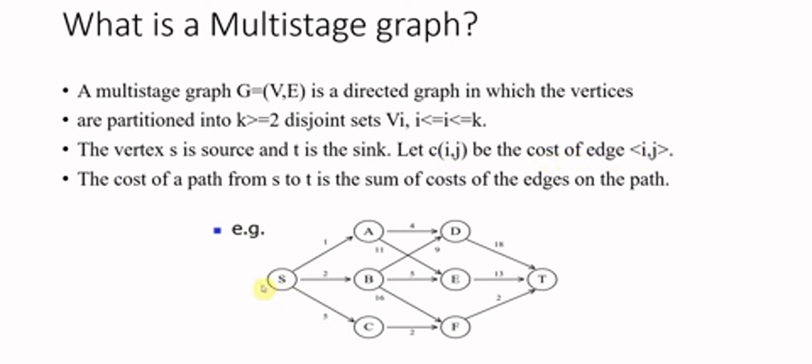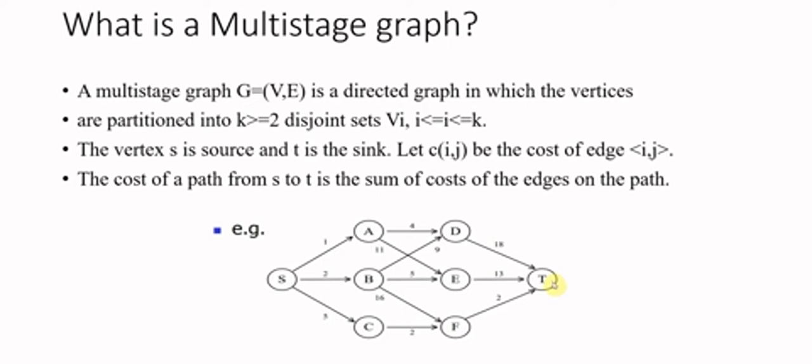Now in a multi-stage graph there are only two special vertices, like source and sink. A source is a vertex in a multi-stage graph whose in-degree is exactly 0, whereas the sink is a particular vertex in a multi-stage graph whose out-degree is exactly 0.